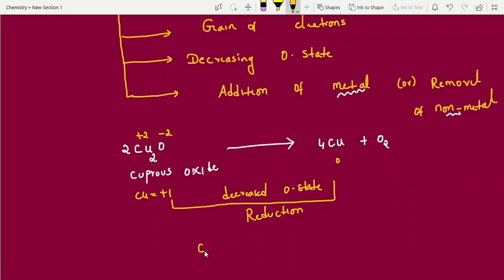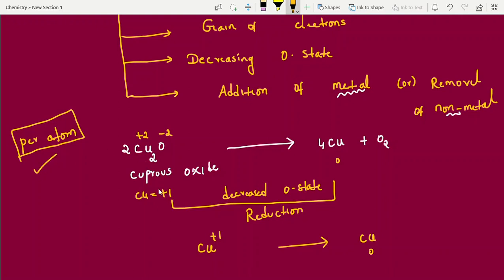Here, copper plus 1 goes to copper 0. Wherever you are calculating oxidation states in redox reactions, we have to assign the charge per atom.